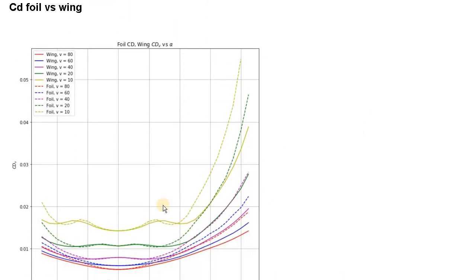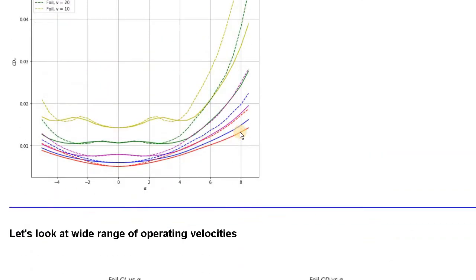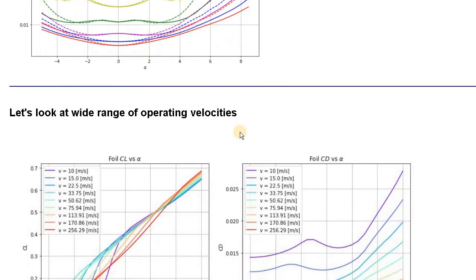You can also plot the wing and the foil graphs on the same picture, and you see the difference between the wing and the foil, and how the wing affects the drag. I was still confused.